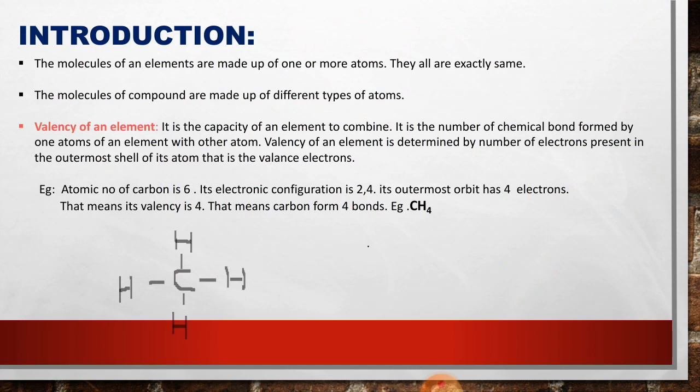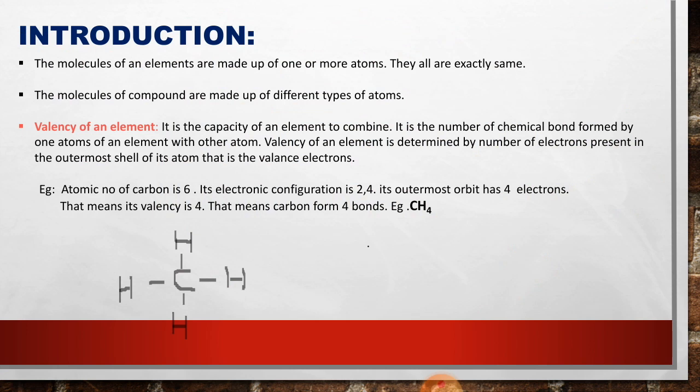First, the introduction to the topic. The molecules of an element are made up of one or more atoms and they are exactly the same. But the molecules of a compound are made up of different atoms. What do you mean by atom? Atom is the smallest particle of a chemical element. What is the valency of an element?